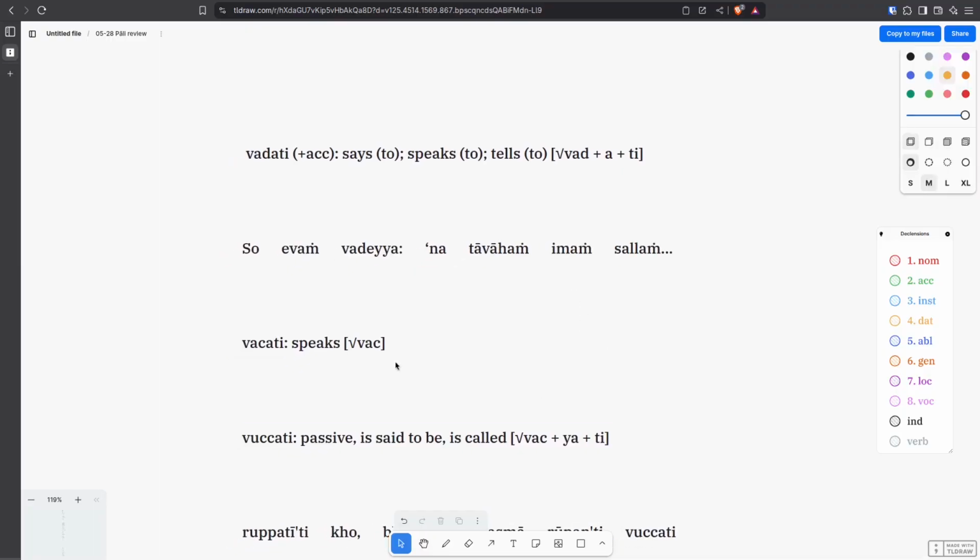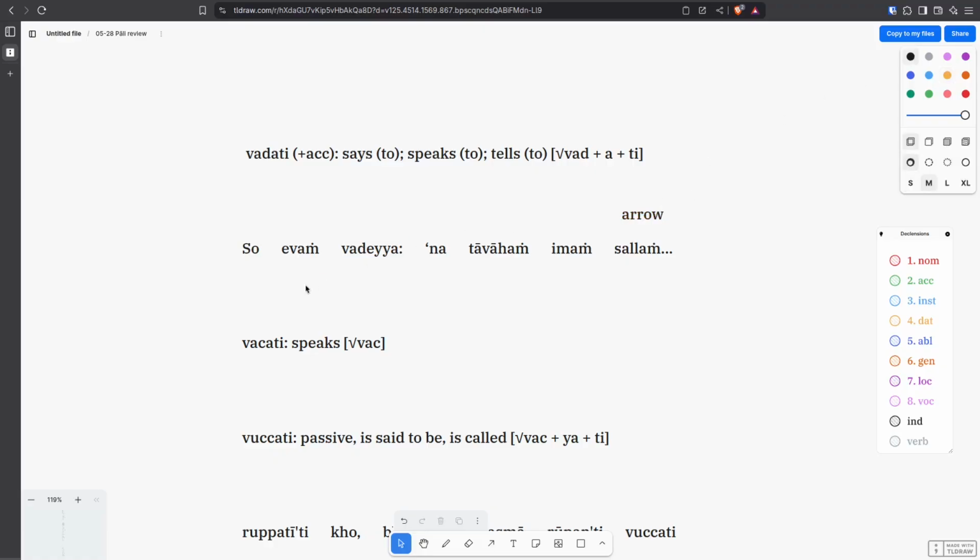So you have the present tense vadati, meaning says, speaks, tells something to somebody. For example, evaṃ vadeyya natthi... imaṃ sallaṃ. You recognize this is from the talking about not removing the arrow.